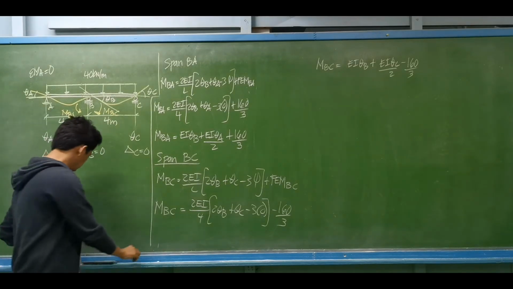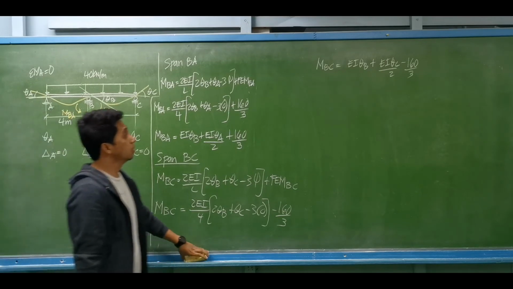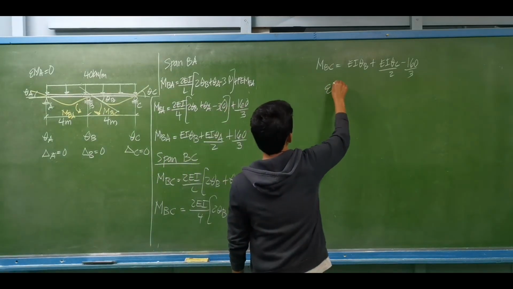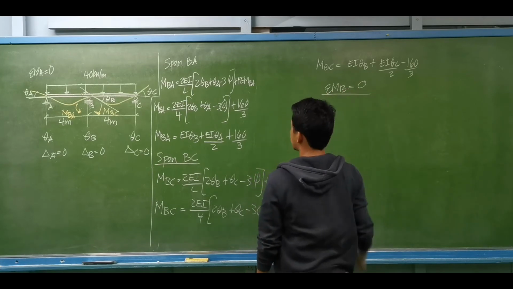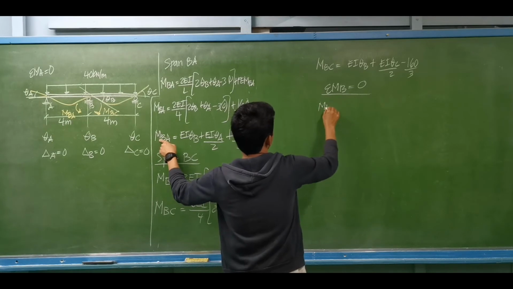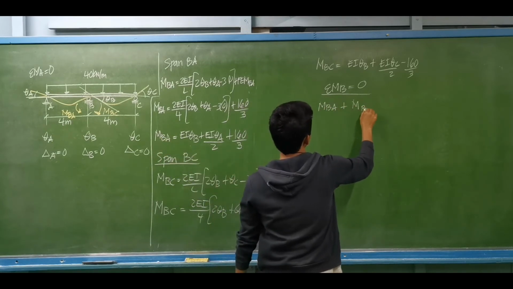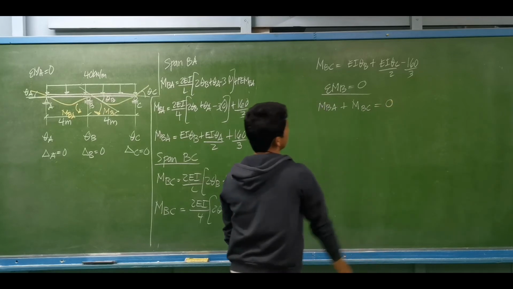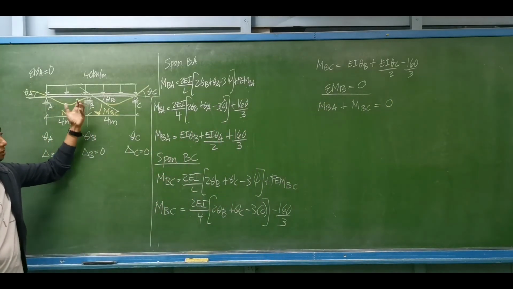Basically, they are acting in the opposite direction. So the summation of moment at B should be equal to 0, which means the moment BA plus the moment BC should be equal to 0. So the summation of moments about this joint B should be equal to 0.